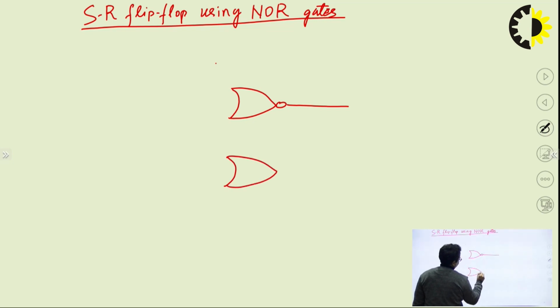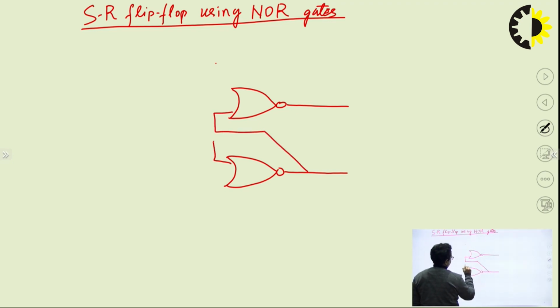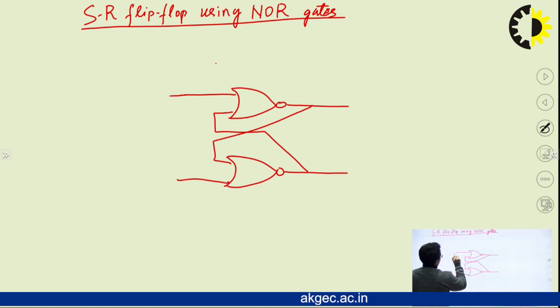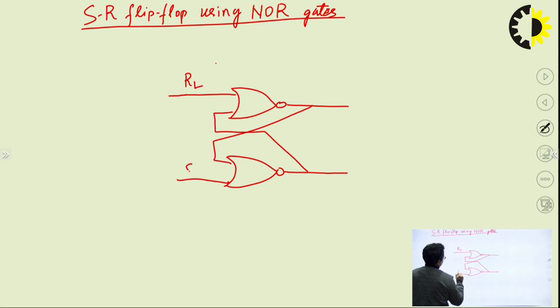Last class we discussed the latch. It is a cross coupled device, so we have to connect it in a cross coupled fashion. That is the latch, and we have the inputs RL and SL. Now we have to connect it with the AND gates.